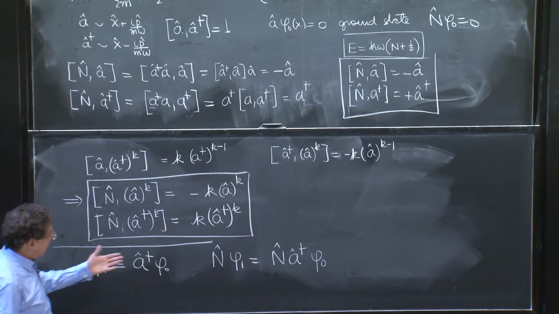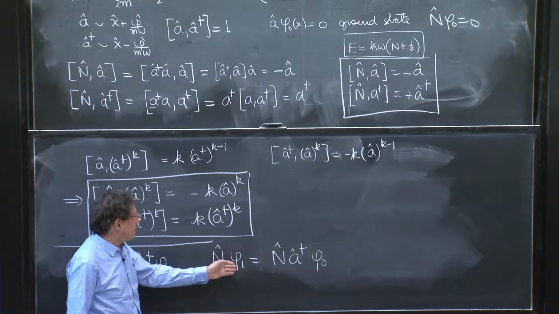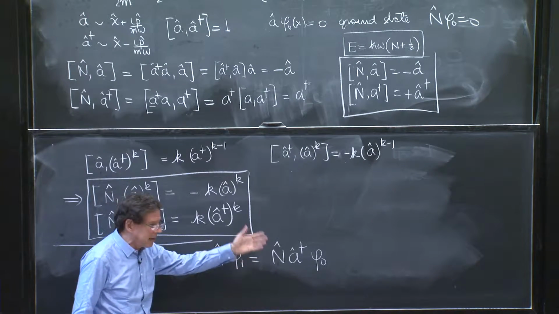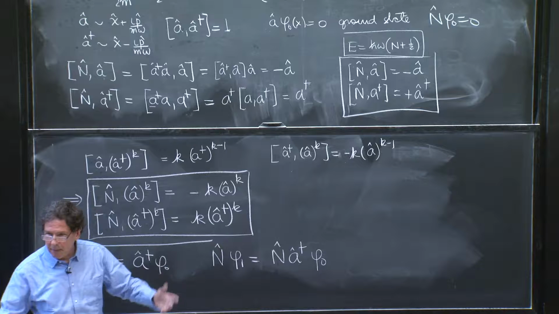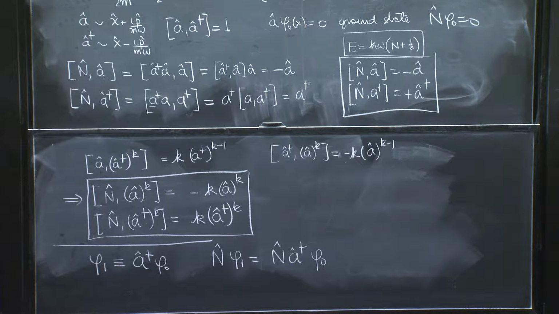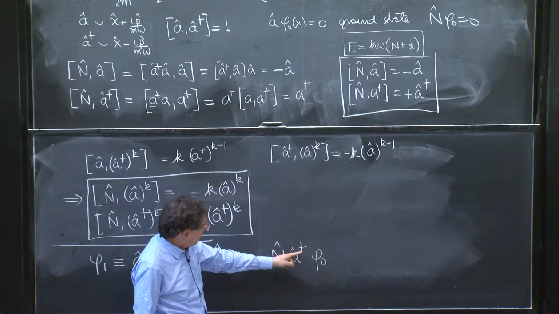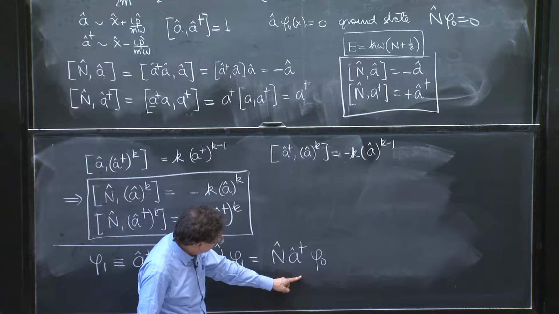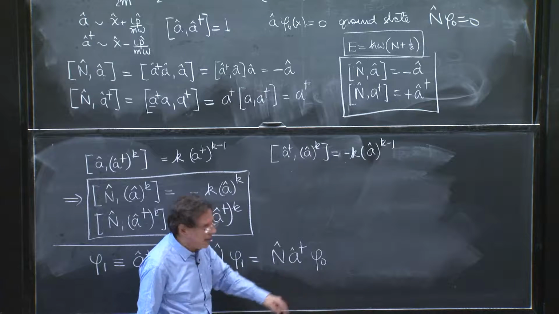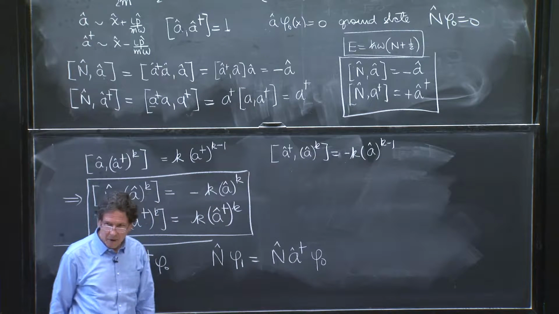If this is supposed to be an eigenstate of n hat, I have to make it happen somehow. Now, n hat kills phi 0. So if I would have a term, a dagger times n hat, near phi 0, it would be 0.